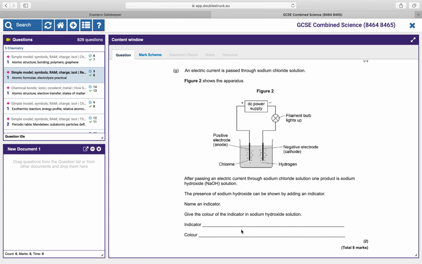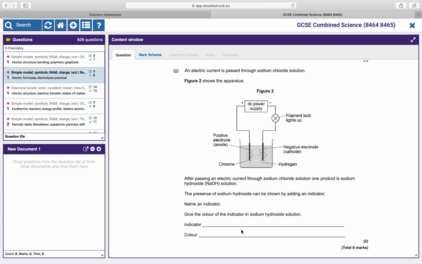Whereas 7 is neutral, which is green, and then 6 all the way down to 1, those are acids, and 6 is around yellow, and then it goes orange at around 3, and then by 1 it's red.